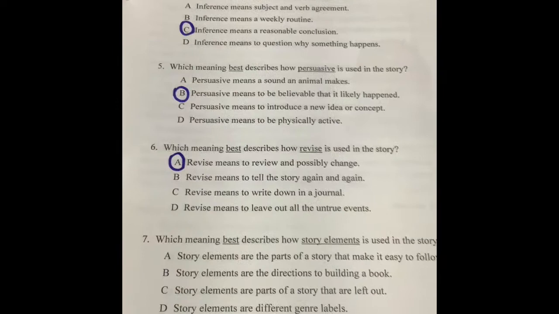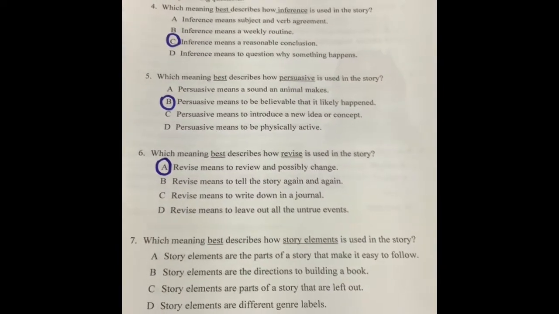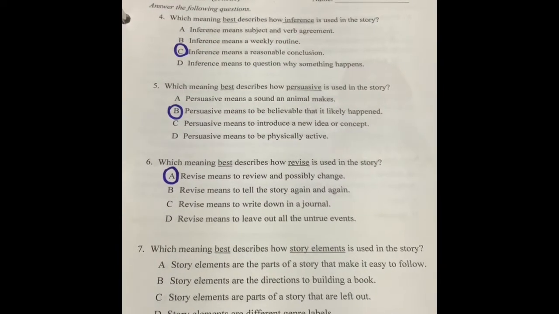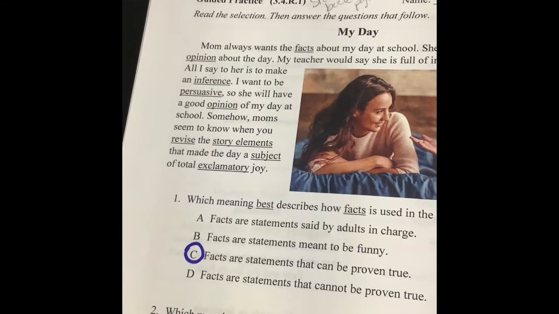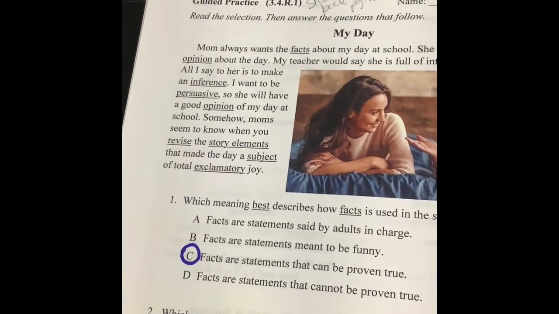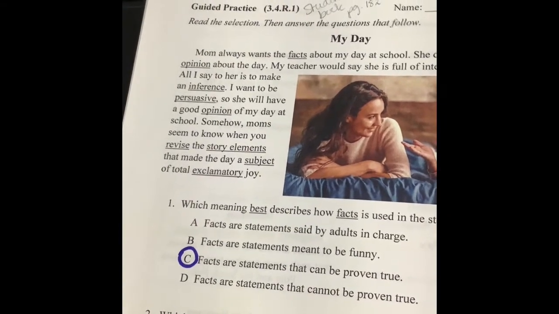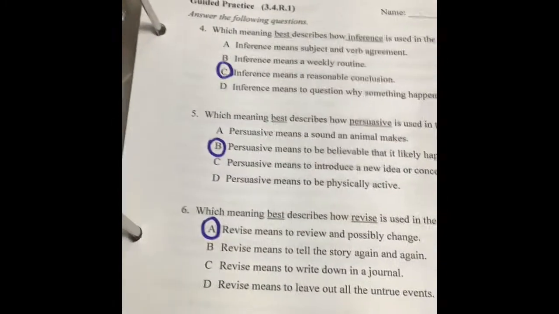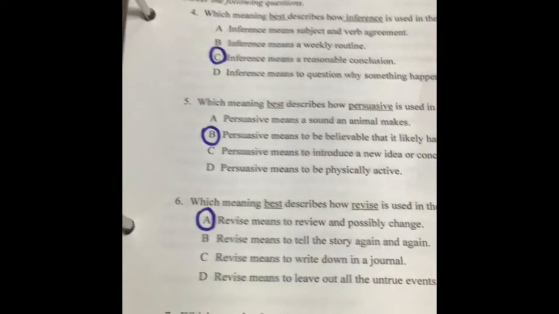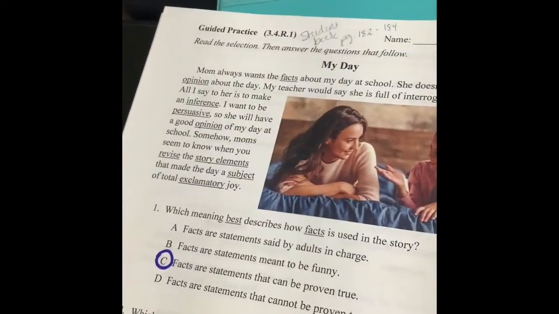Number 7. Which meaning best describes how story elements is used in the story? Let's look at story elements. Somehow, Mom seemed to know when you revised the story elements that made the day a subject of total exclamatory joy. So we know our subject. Oh, not subject. So story elements. Yep.